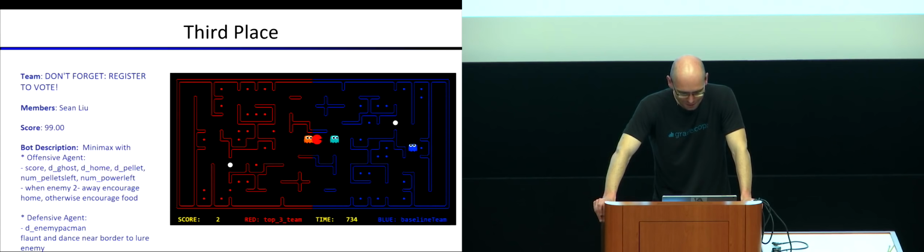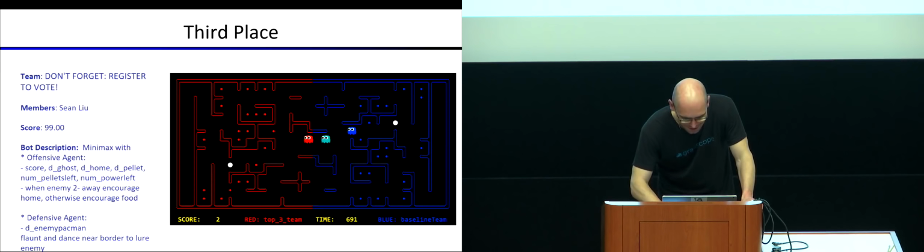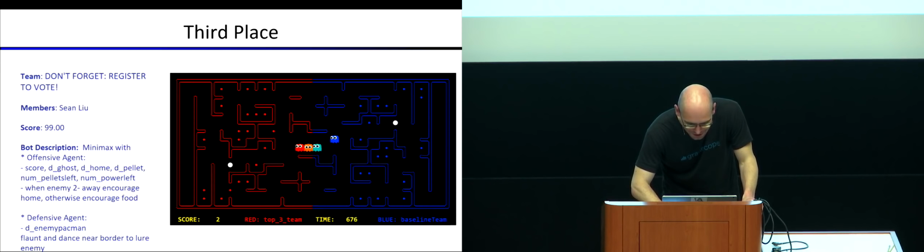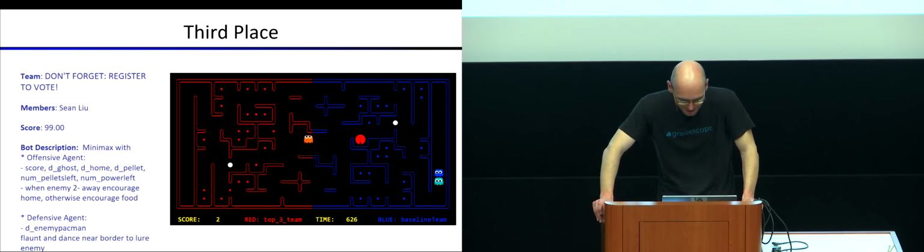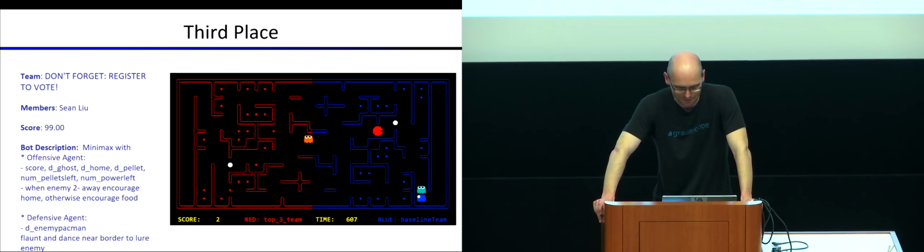So red is still up by 2. Oh, it succeeded. It lured in the staff agents and ate them.